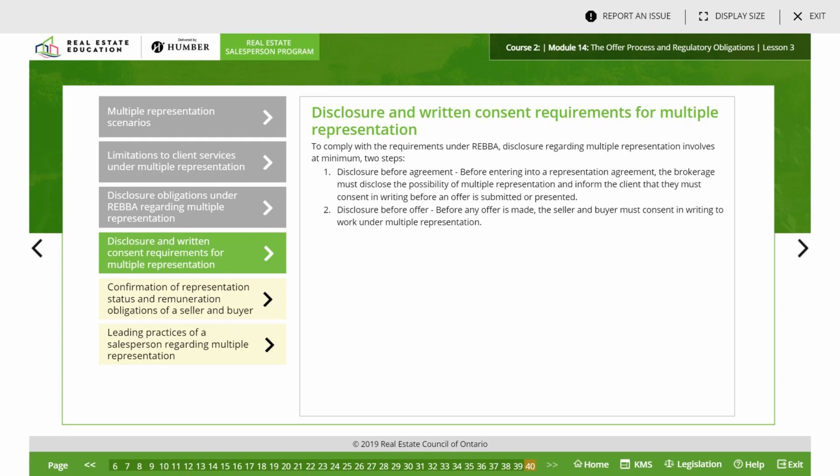Number one, disclosure before agreement. Before entering into a representation agreement, the brokerage must disclose the possibility of multiple representation and inform the client that they must consent in writing before an offer is submitted or presented. Number two, disclosure before an offer. Before any offer is made, the seller and buyer must consent in writing to work under multiple representation.